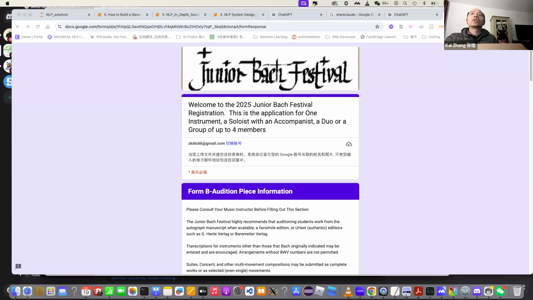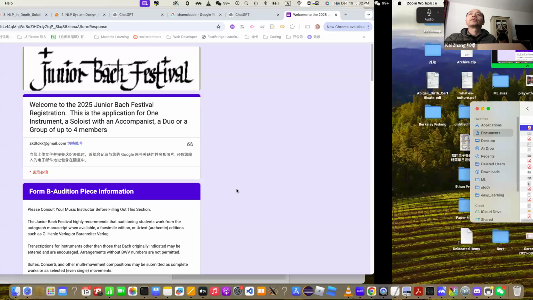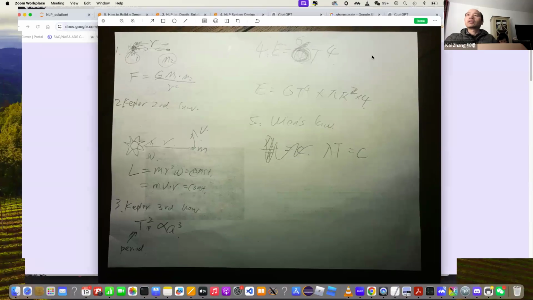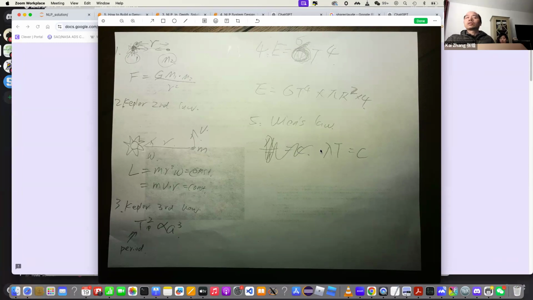So today we are going to talk about the physical principles that govern different physical properties. This is basically the scaling relationship between different physical properties.